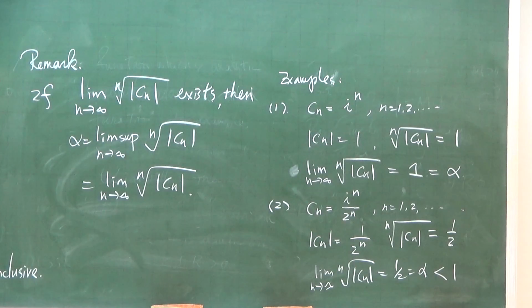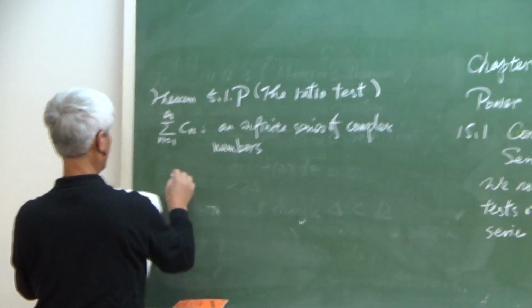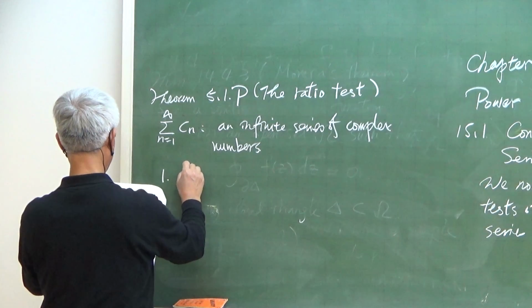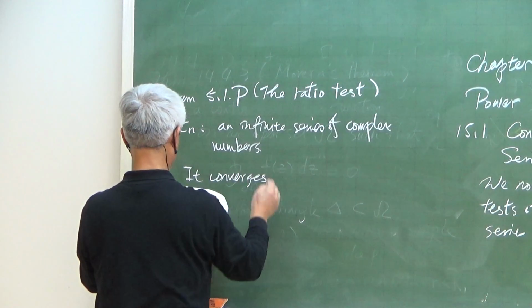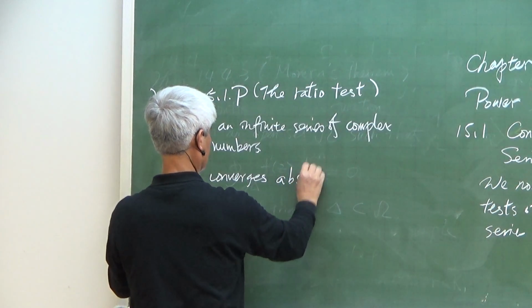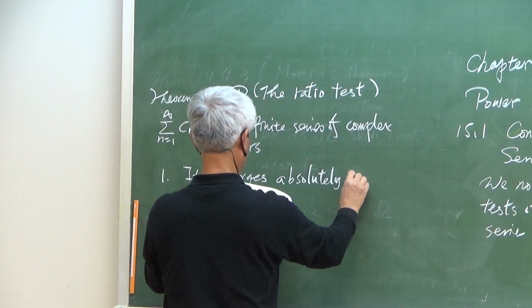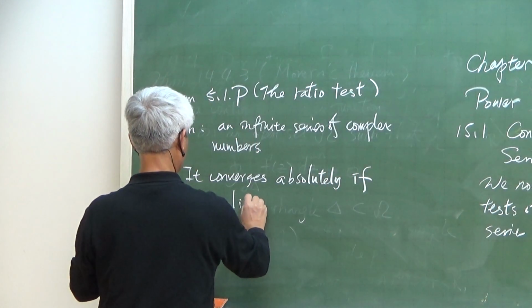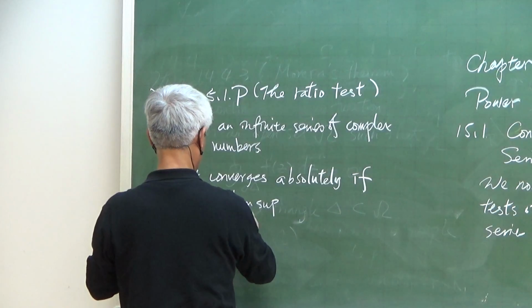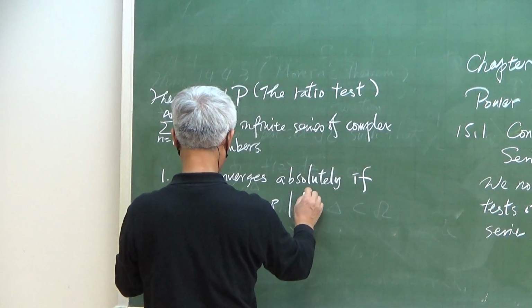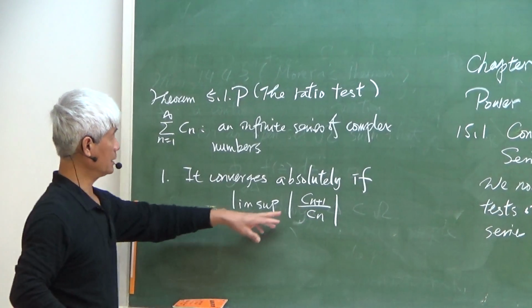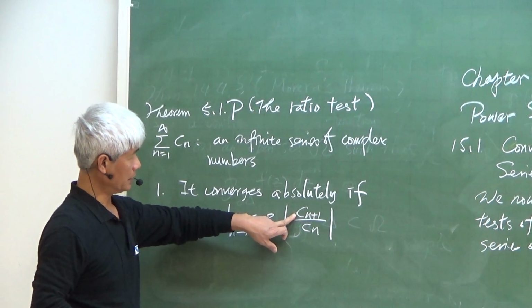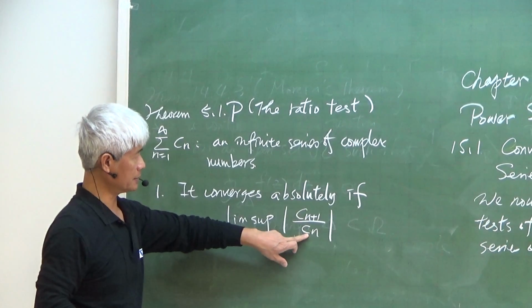First of all, it converges absolutely if the lim sup as n goes to infinity of the ratio, the n plus 1 term divided by the nth term.